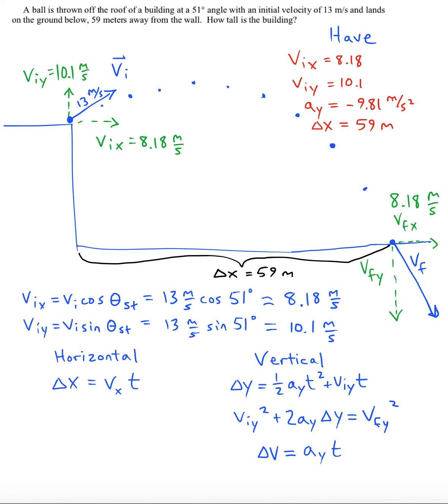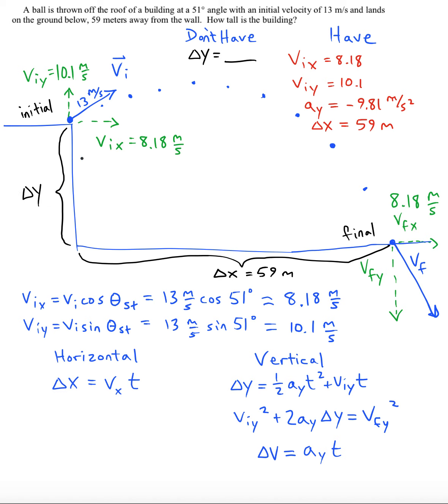What about things that we don't have? Let's write those down as well. I notice that we don't have delta y, for example. That is what was asked for. Delta y is going to be the change in vertical position for the ball from the initial launch to the final impact.